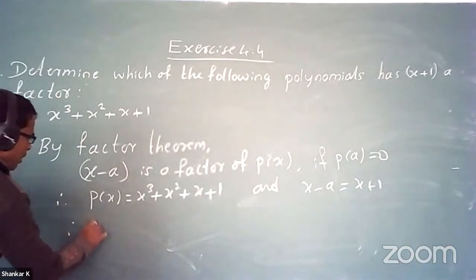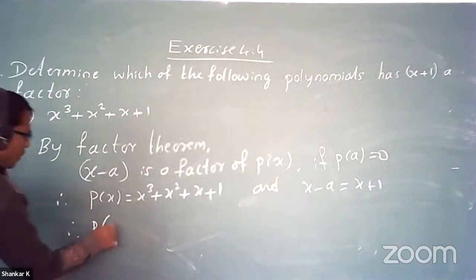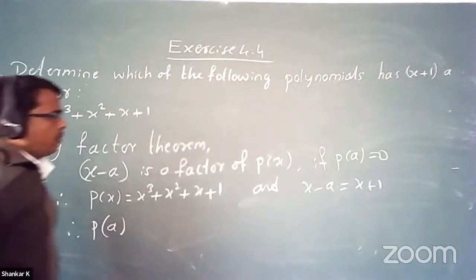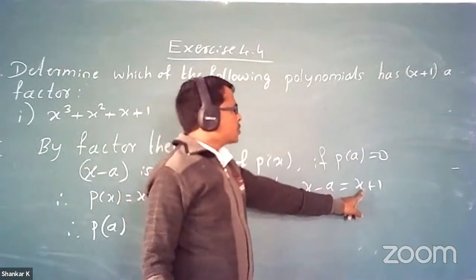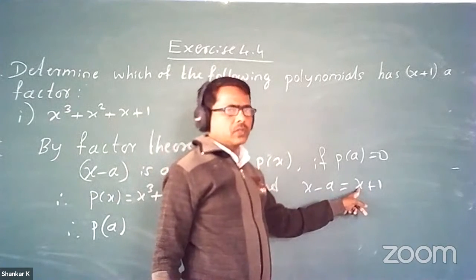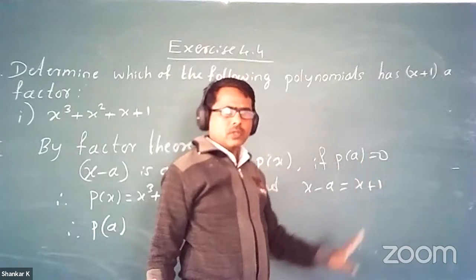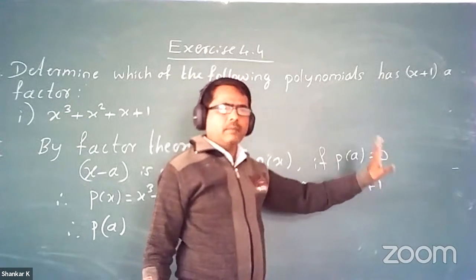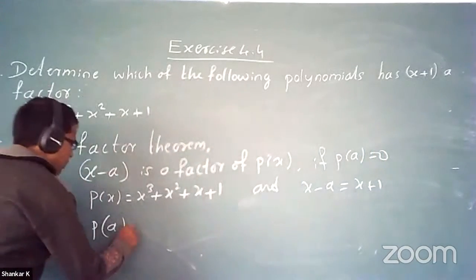Therefore, p of a we have to calculate. What is the value of a? For this to become 0, minus 1 plus 1 becomes 0, so we just take minus 1. Here we will calculate p of minus 1.